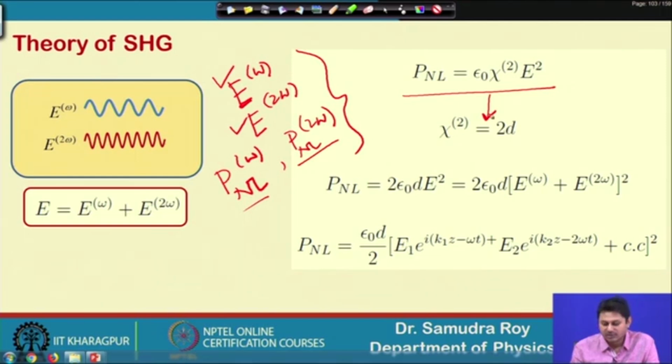In different books you find that they represent chi 2 in terms of D, and the relation is chi 2 equals 2 multiplied by D. So now, P nonlinear is 2 epsilon 0 D and E square.